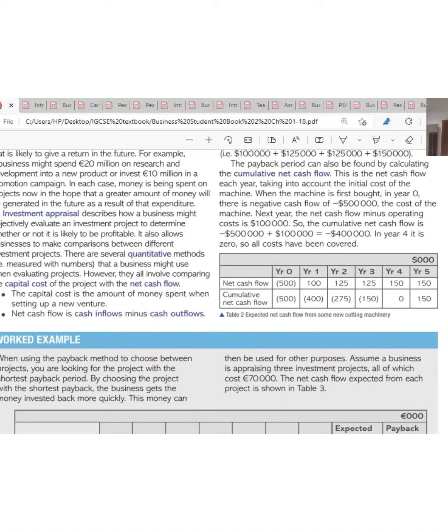So we've talked about investment itself, which means purchasing capital goods, a product that can be used to produce other goods. We talked about investment as also an expenditure that will yield a future return.